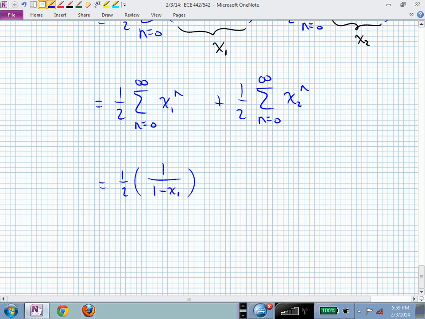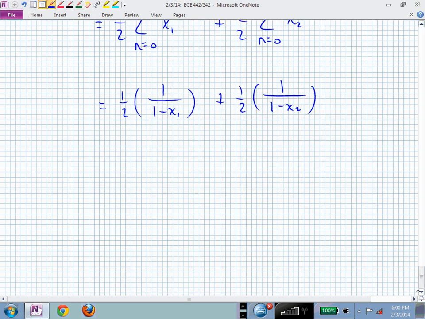One over 1 minus x1, right? Remember where that comes from? Do I need to remind us? Just look at it and then compare the sums, and you know when those converge.